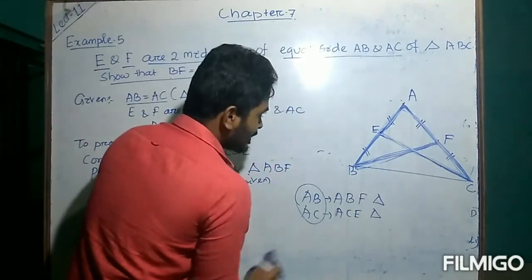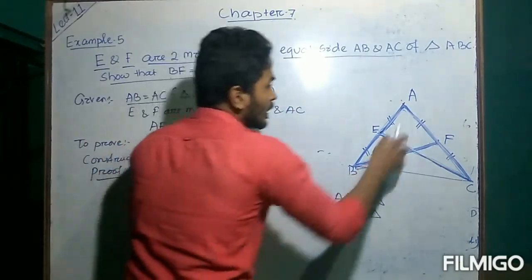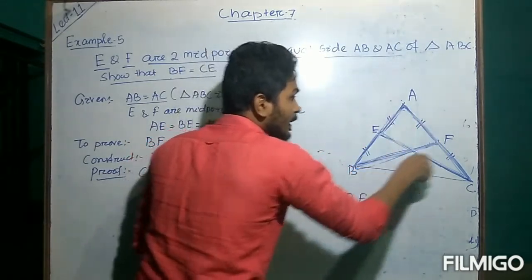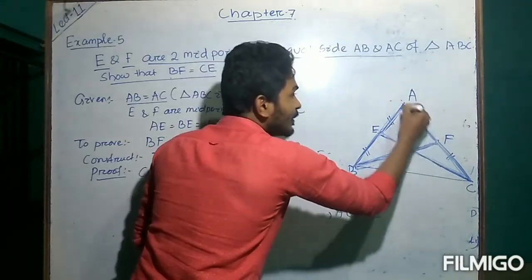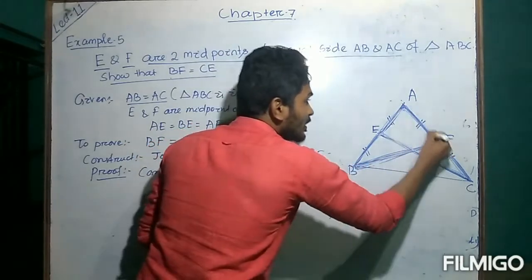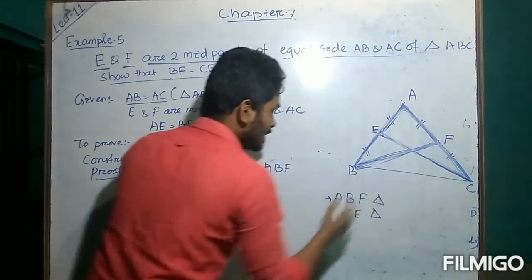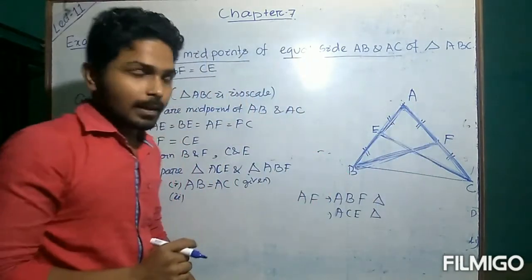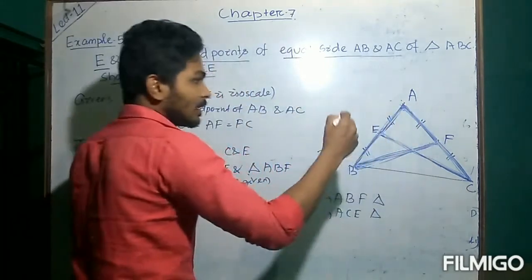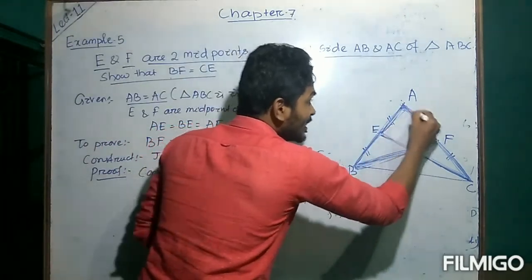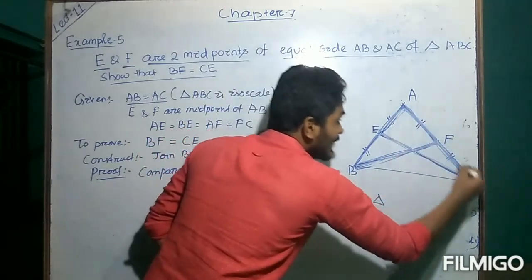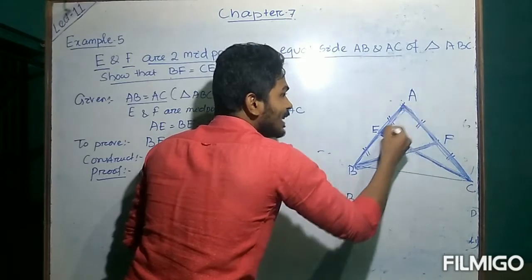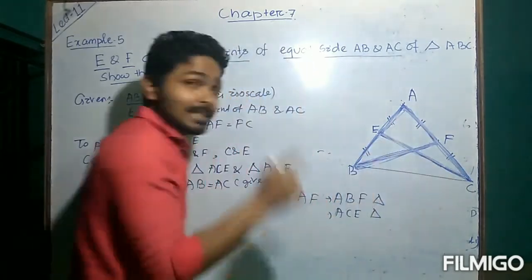Next condition. Here, if we consider this as a triangle, which triangle am I considering? This ABF. Then AF is a side of this triangle or not? Yes, AF is a side of the triangle ABF. Understood? Look at my finger. Similarly, if I consider this triangle, ACE, then AE is a side of the triangle ACE. Yes.